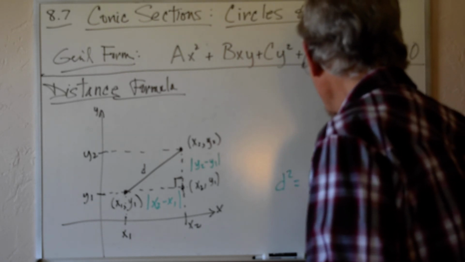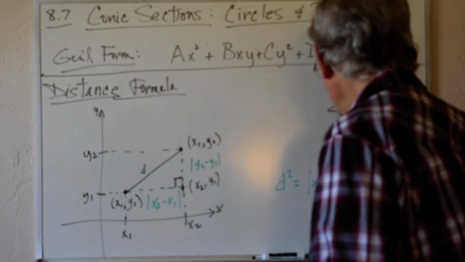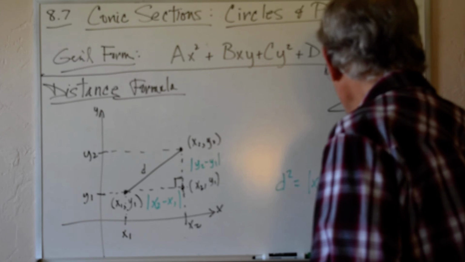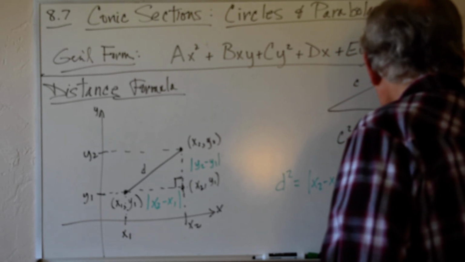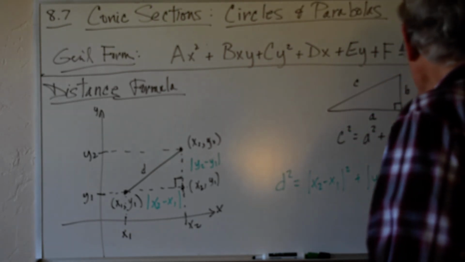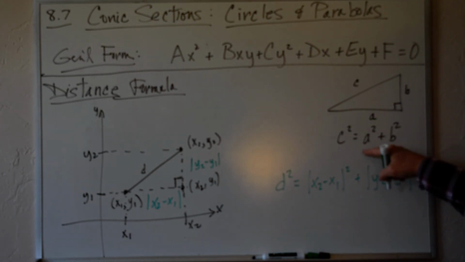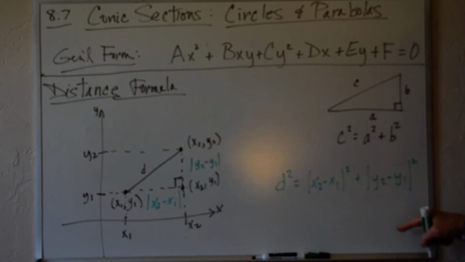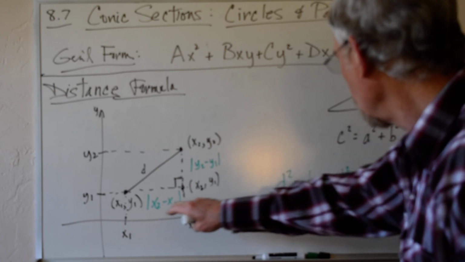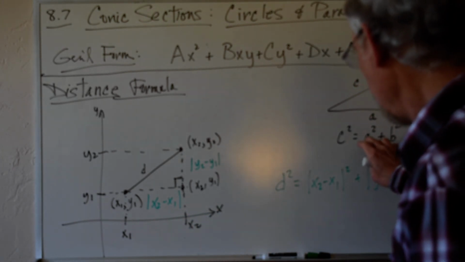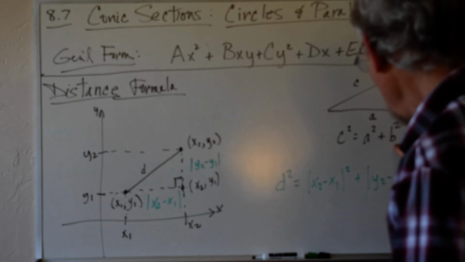I'll write it in this order with the x coordinates first. Okay, so we're just applying the Pythagorean theorem. This number here, the absolute value of x2 minus x1, is playing the role of a. This number plays the role of b.